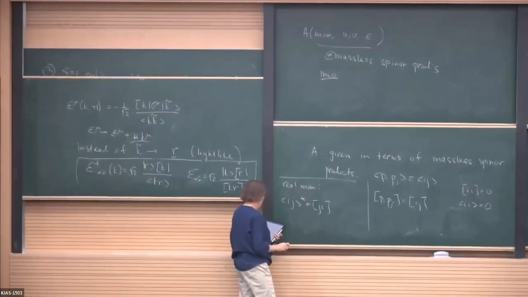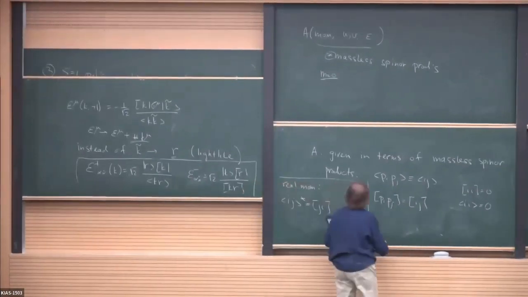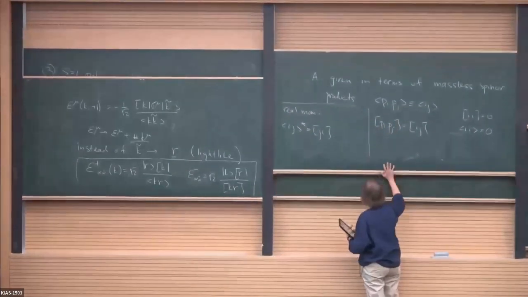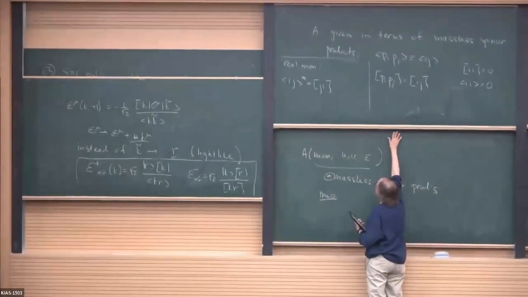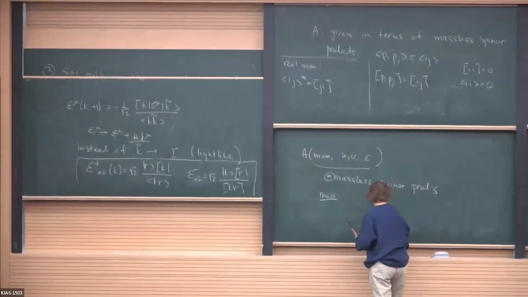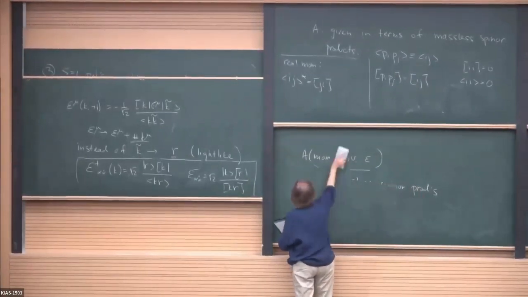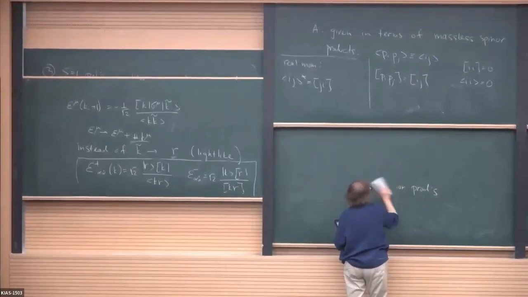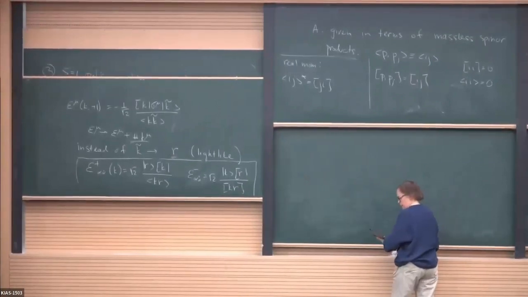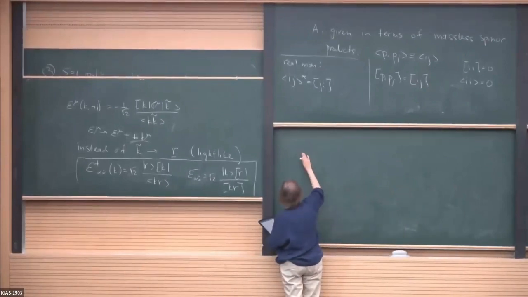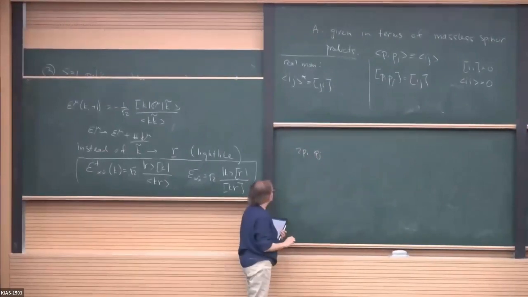And there is one other thing that's useful to bear in mind. So suppose that we calculate 2 pi dot pj.